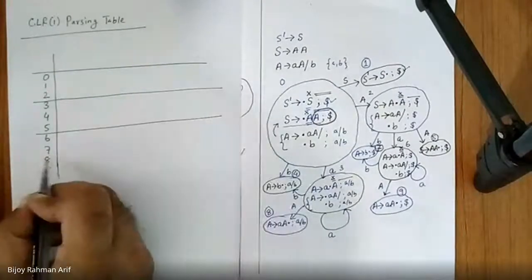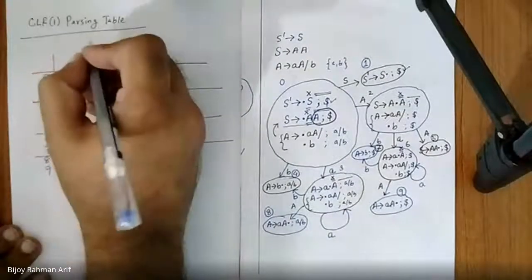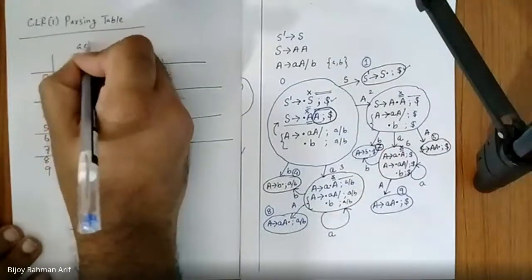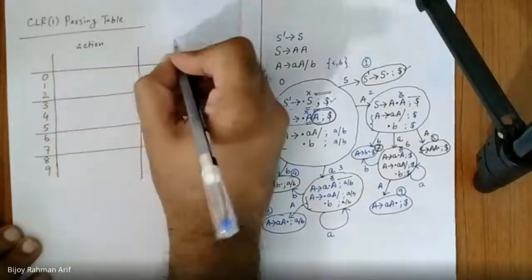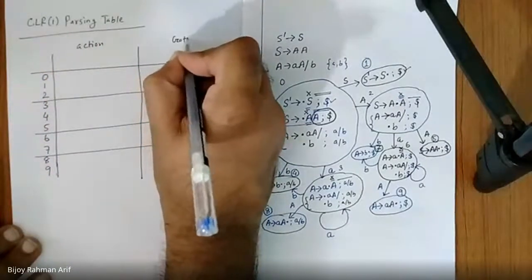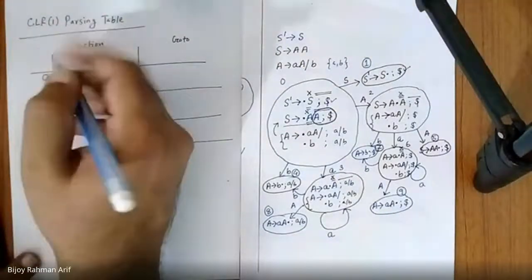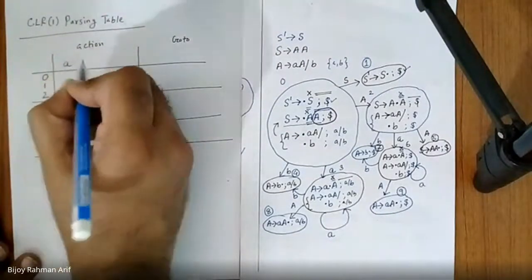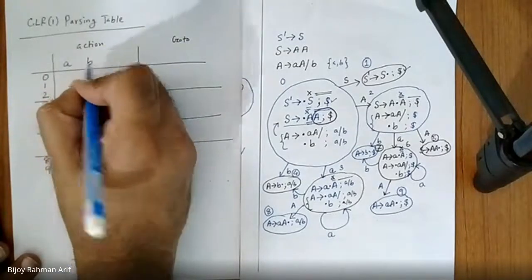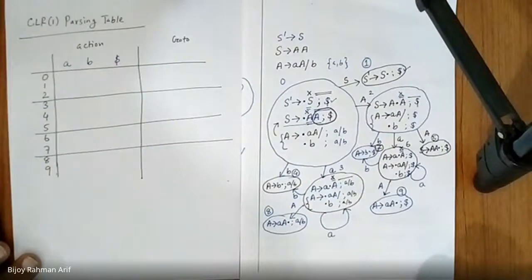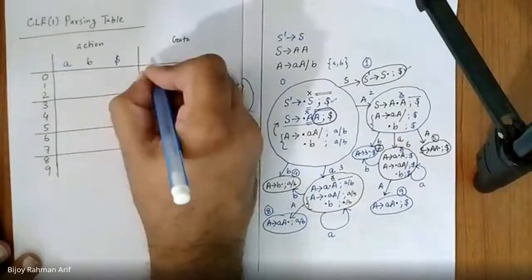This one is my action, and this one is my go to. What would be in my action? The terminals. What are the terminals here? Small a, small b, dollar. What are the go to? S, A.